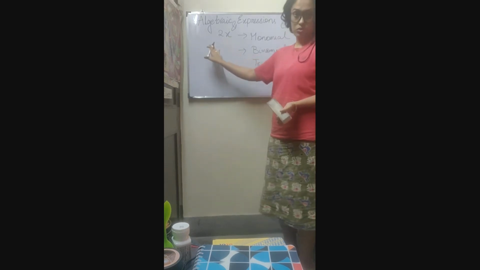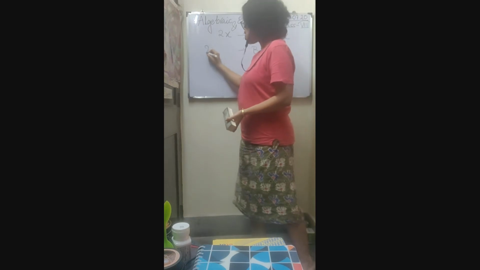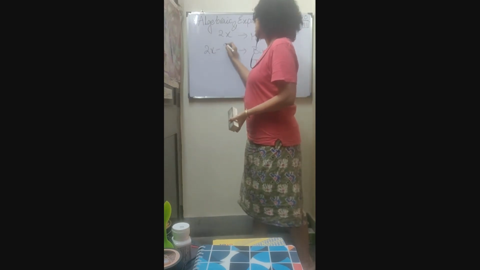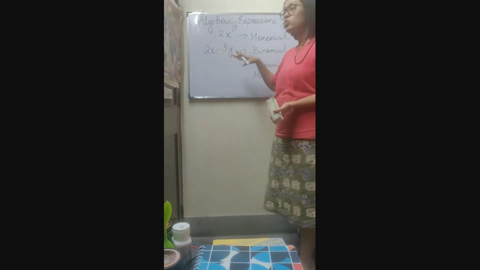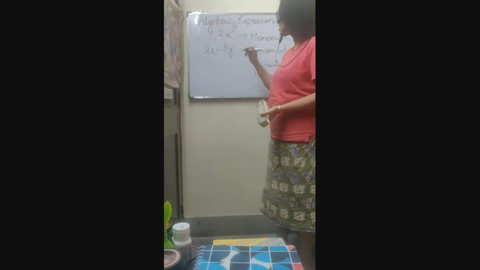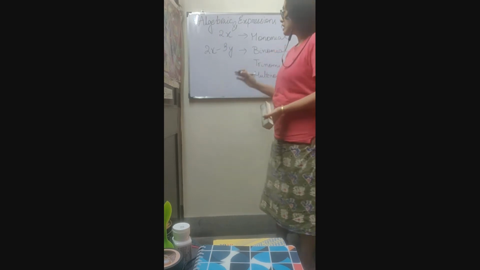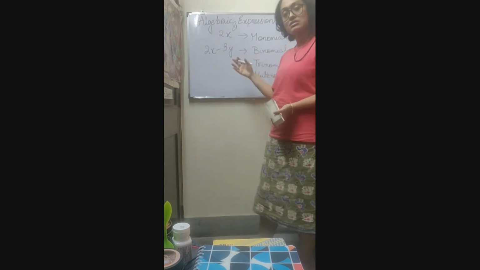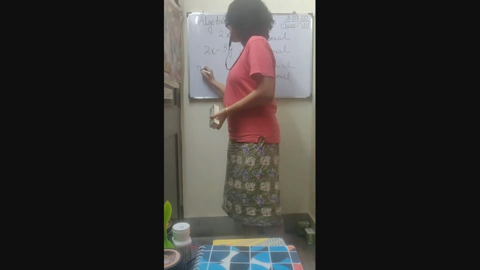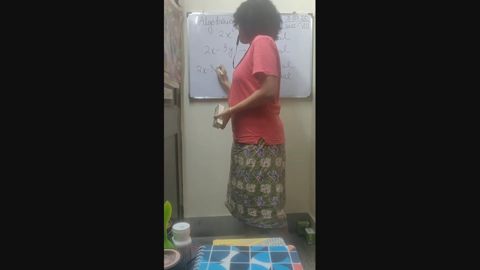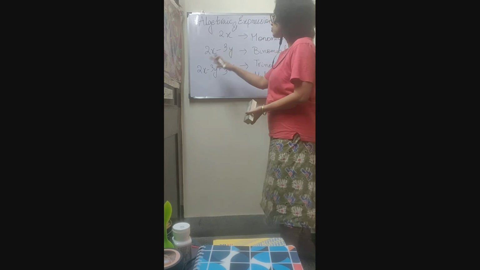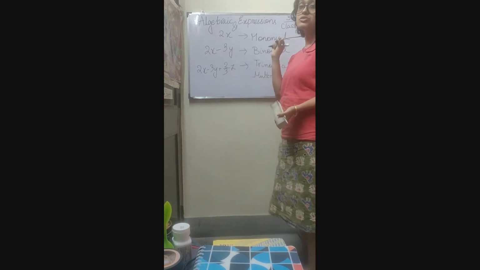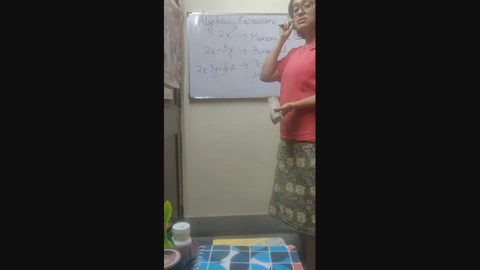two such terms like 2x minus 3y, as there are two such terms, we call this kind of algebraic expression a binomial. As the name suggests, trinomial means 2x minus 3y plus, suppose, 2 by 3 z. As there are three such terms, it becomes a trinomial. Then what is a multinomial?